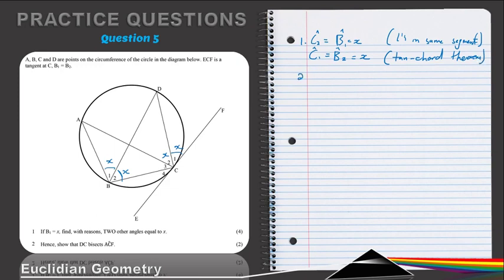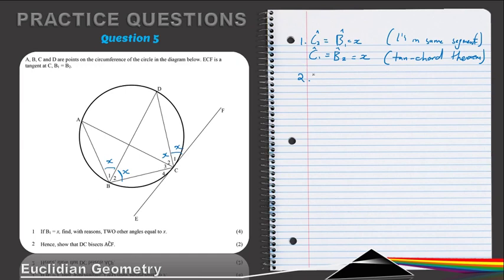Then for 2, hence show that DC bisects ACF. So we need to show that DC bisects ACF. And this is quite easy because we already showed that these two angles are equal.